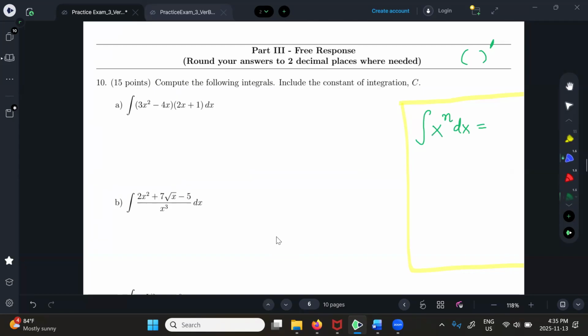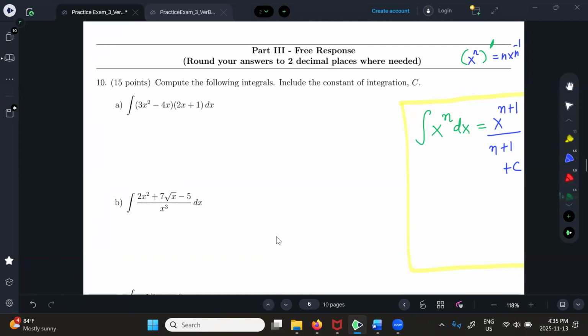Okay, yeah, the answer is because it's anti-differentiation, you add 1 to the power and divide by it, right? It's kind of the opposite of what we used to do in the derivatives, where you bring the power to the front and subtract 1. It's the opposite. In every anti-derivative, you have a plus C going on.